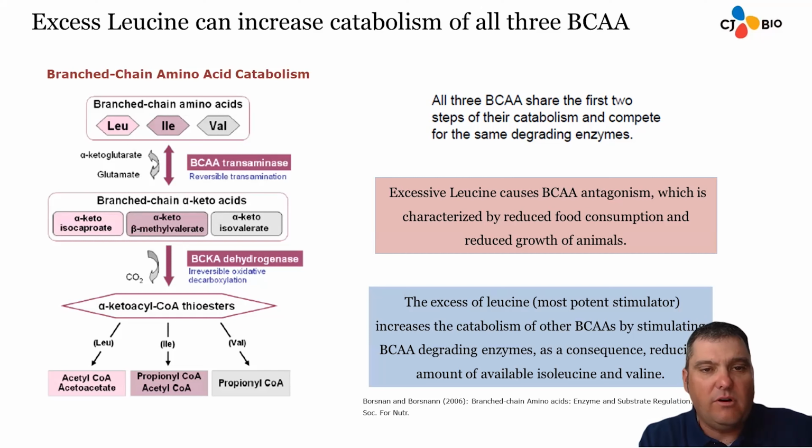So therefore, if isoleucine and valine are at the recommendation or at our nutrient spec, and leucine is in excess, leucine is the most potent stimulator, which increases the catabolism of all 3 amino acids. Thus, excess leucine in the diet, if you're at the requirement for the other 2, could potentially cause a negative response or a marginal deficiency.